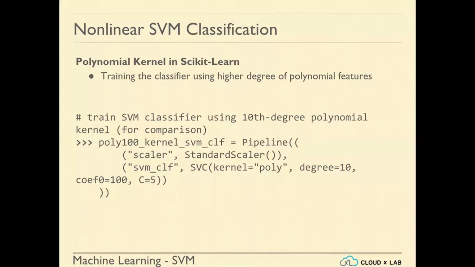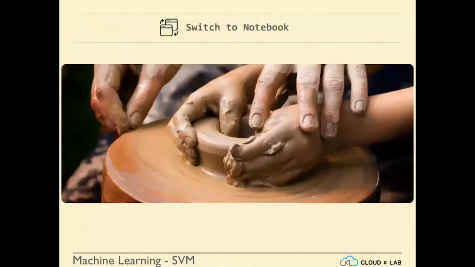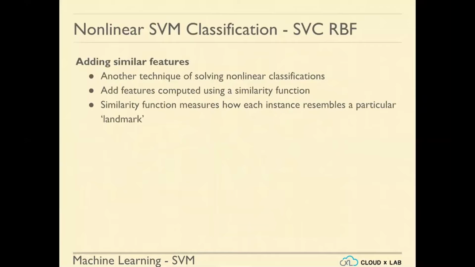Here, we are telling the SVC itself to do that polynomial kernel internally. So this SVC with kernel as poly is faster than linear SVC after adding the polynomial features. That's the crux of it. You just compare it and you'll get an idea.